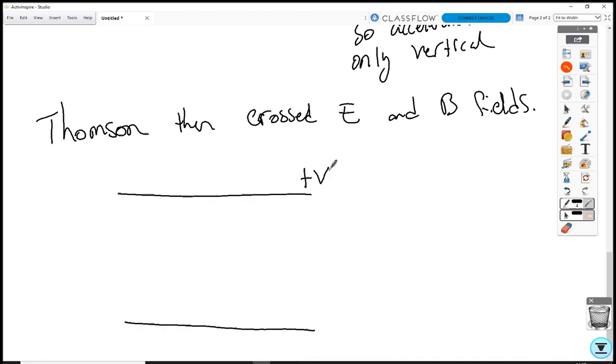So if we've got our plus V 0 and we put our magnetic field there.